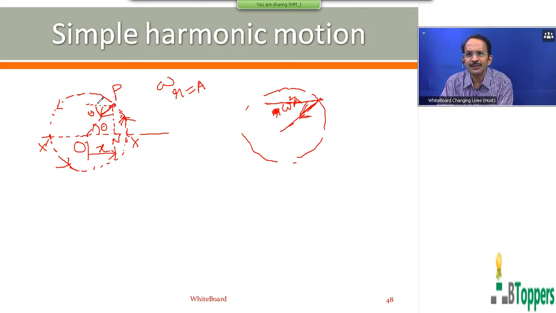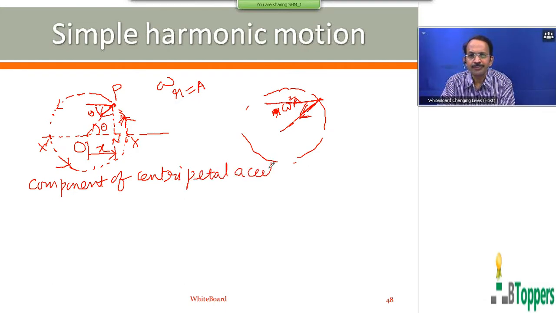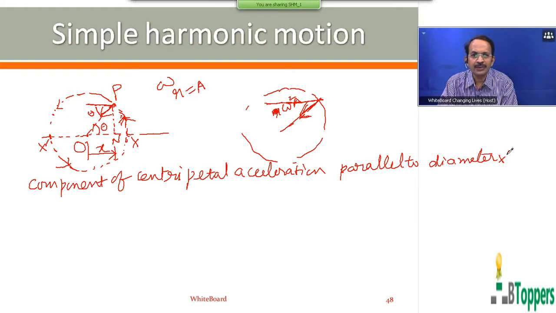That means the component of centripetal acceleration parallel to the diameter x dash x.